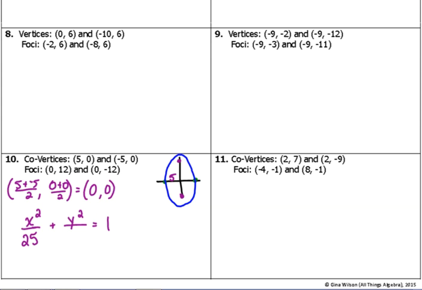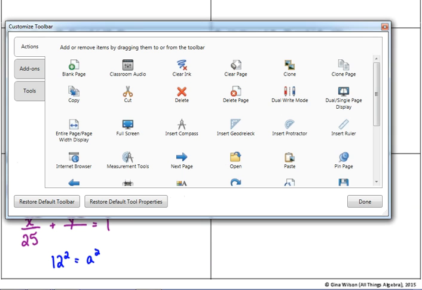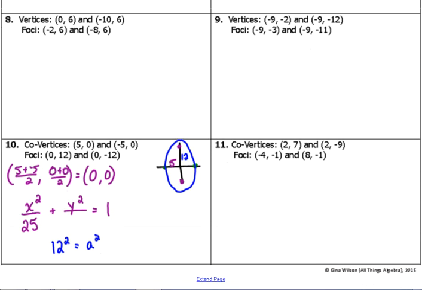Now our foci are C units from the center. If they're at 0, 12 and 0, -12, that means they're 12 units from the center. So C is 12. Our formula says C squared is equal to A squared minus B squared, right? I don't know why all of a sudden I thought it should be B squared minus A squared. It's A squared minus B squared. We don't know A squared because we don't know what our vertices are. We know what our foci are.